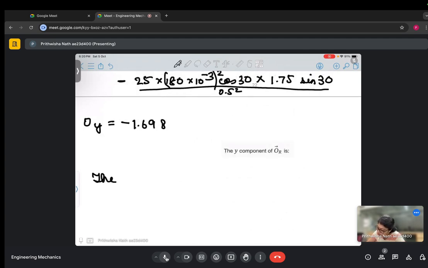The y component of OR is 1.698. The negative sign just implies that the direction is reversed.